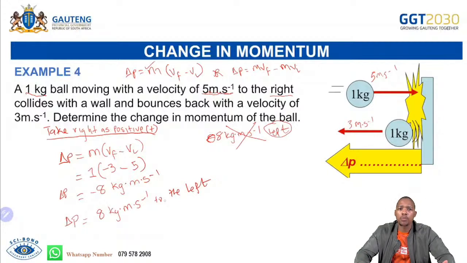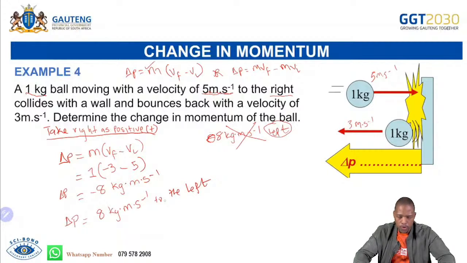And then we looked at momentum, the introduction of momentum as the product of an object's mass and its velocity, written mathematically with the formula p is equal to mv, where m is the mass in kilograms, v is the velocity in meters per second. And the SI unit for momentum then becomes kilograms meters per second.